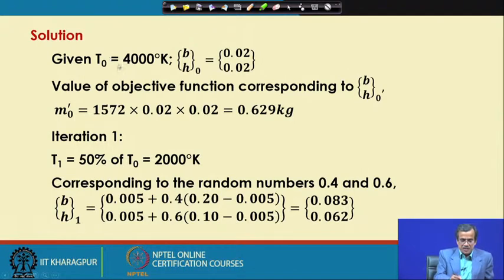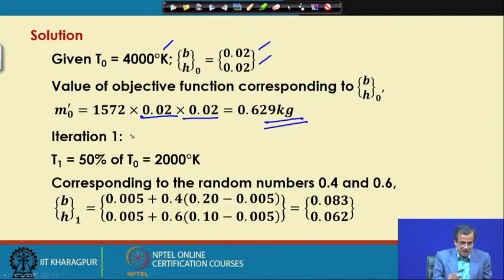Given T naught, the initial temperature, is 4000 degree Kelvin, and B, H naught, the initial solution, is 0.2, 0.2. The value of the objective function corresponding to this B, H naught is m naught prime, 1572 multiplied by B multiplied by H, that is 0.629 kg.